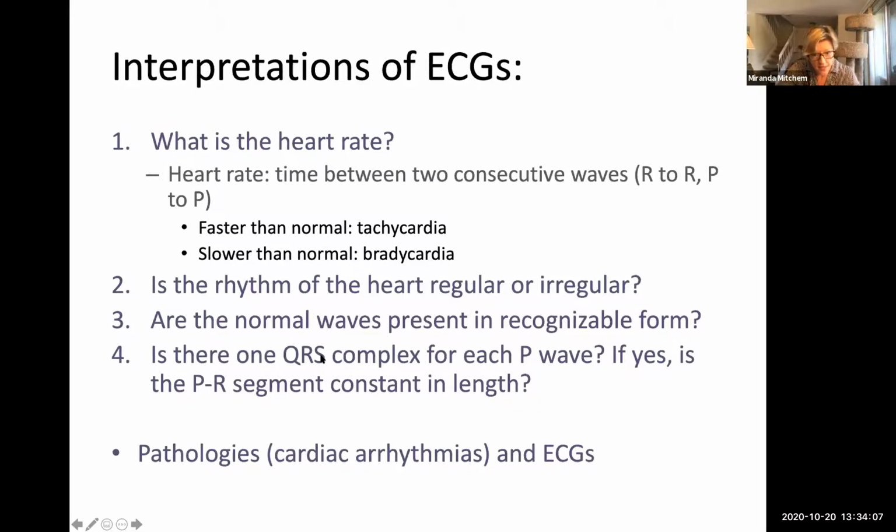Is there a single QRS for each P wave? And then is that PR segment constant in length? These are the things that clinicians are looking for when they interpret an EKG. And if we see changes in these parameters, that could suggest a pathology in either the conduction or the contraction, or both.